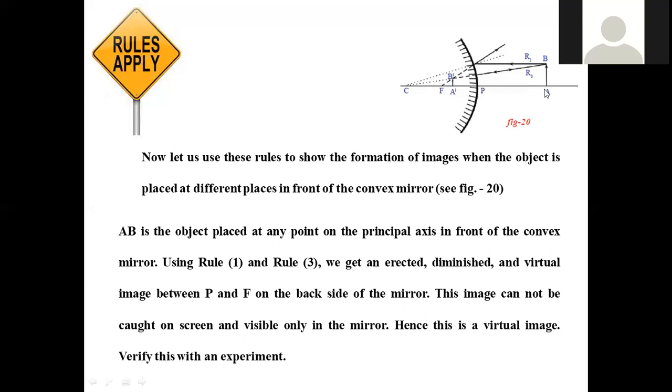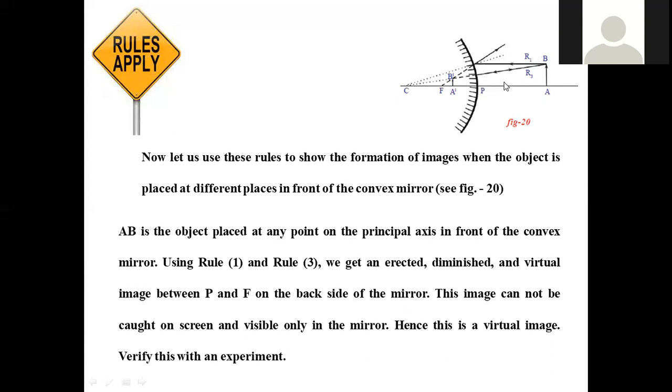The object is placed at the point AB and used to generate the two light rays, R1 and R3. We are going to implement two rules, rule number 1 and rule number 3, combined. Here you can clearly observe that one ray is moving in this direction, another ray moving in this direction. So R3 is a reciprocal. Reciprocal in the sense forward as well as backward direction on the same path.